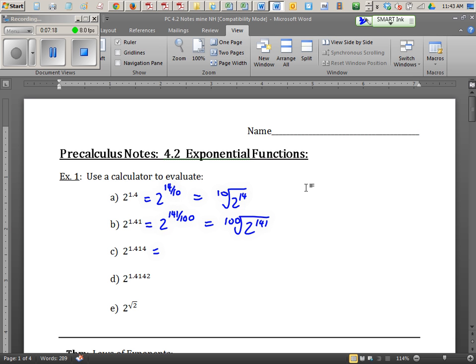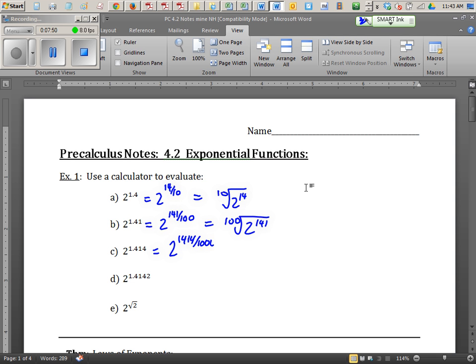Can someone tell me what this represents? Part C. What do you think that means? Raise your hand. What do you think it means, Rebecca? It's 2 to the 1,414 over 1,000.